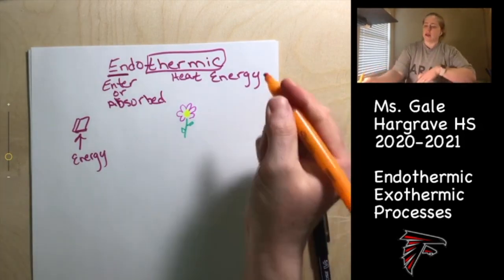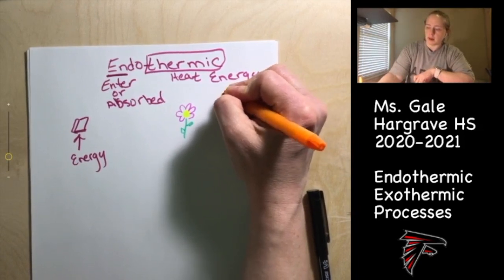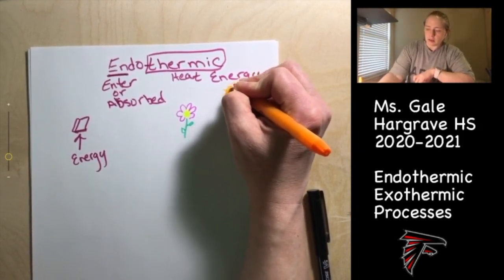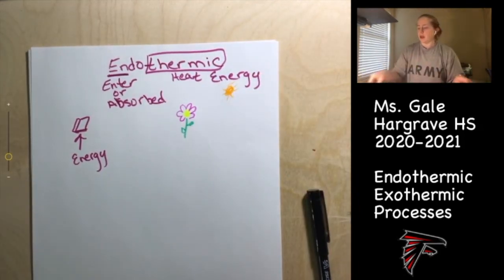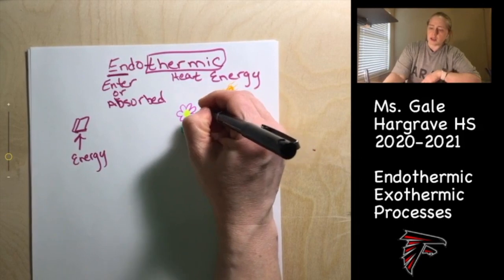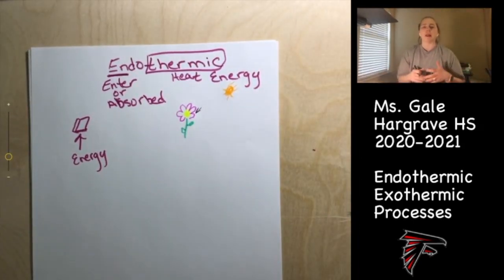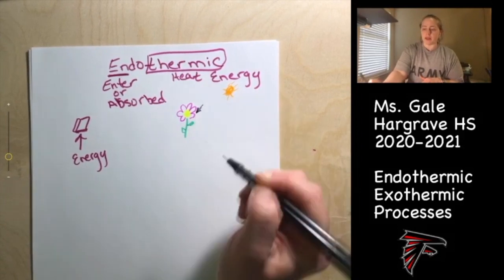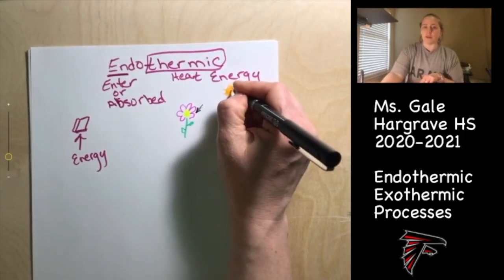So the sun will come out, right? Shine down onto that flower. That energy is absorbed by the flower or our plants to be able to grow, to produce our food. So like your strawberry plants, your tomato plants that sit outside, a banana tree, okay? They cannot produce fruit, vegetables, wheat. They can't produce anything without energy. The way they get their energy is they absorb it. The energy enters from the sun.